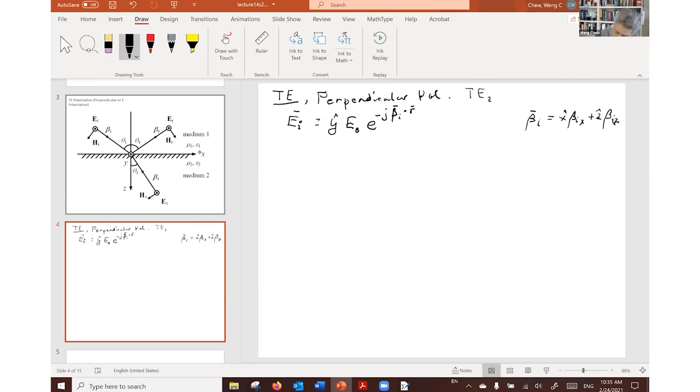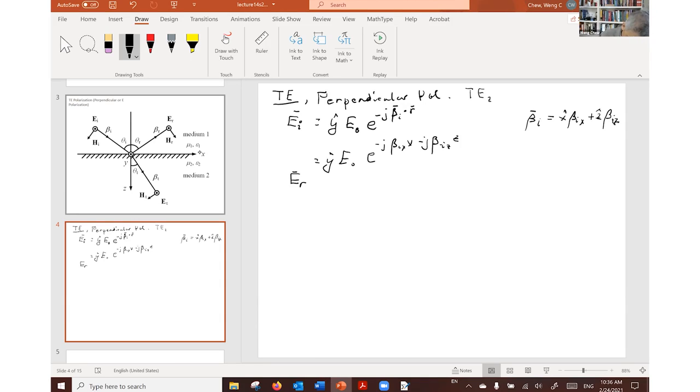Okay, that's how your beta I would look. And if you substitute that in, you will get the wave field written in greater detail, if we do the dot product in the exponent. If I plug in the proper components, I get this to be my field in region 1 for the incident wave.